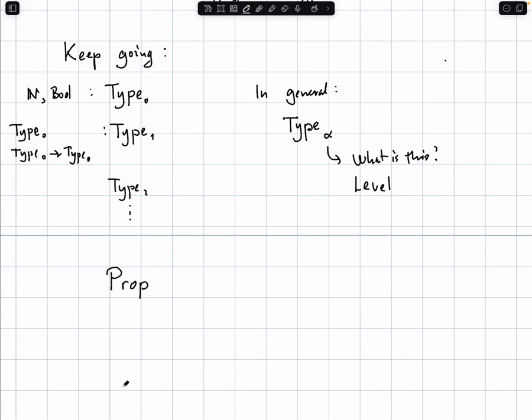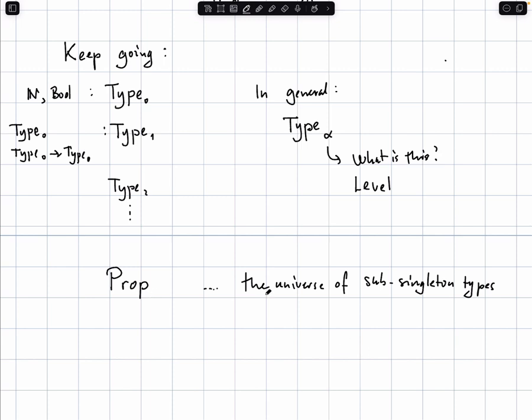Prop. So this is a very small universe, seemingly, because it would be the universe of logical propositions. So this would be something like the universe of sub-singleton types. So the universe of logical statements.